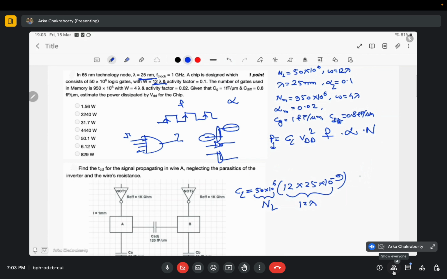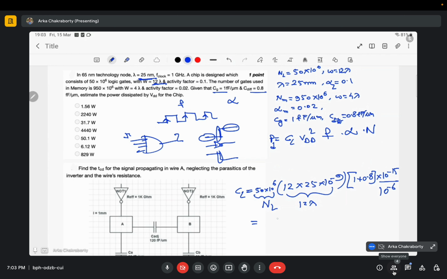What else would come into picture? The capacitance. The capacitance is Cg plus Cf, so 1 femtofarad plus 0.8 femtofarad per micrometer. So 1.8 femtofarad, 10 to the power minus 15, per micrometer, so divided by 10 to the power minus 6. Correct?